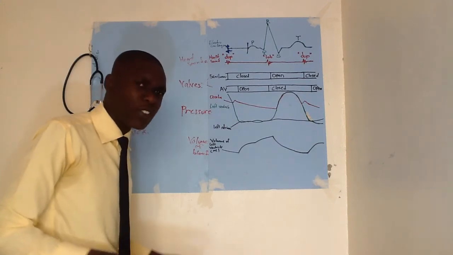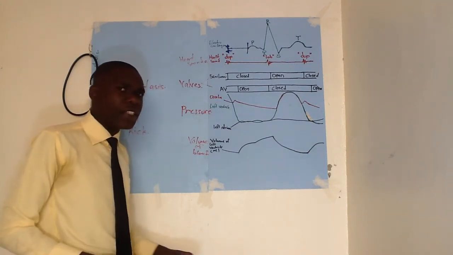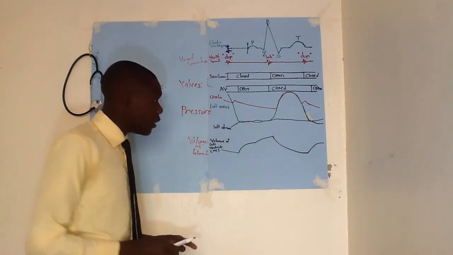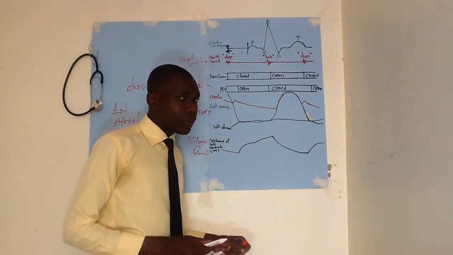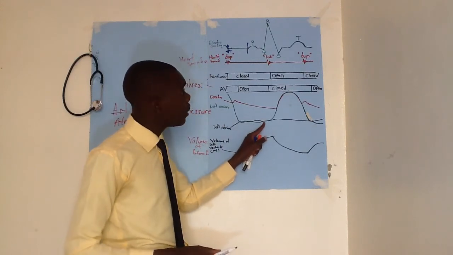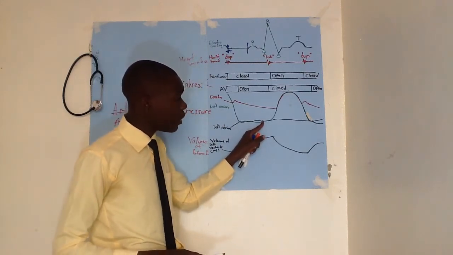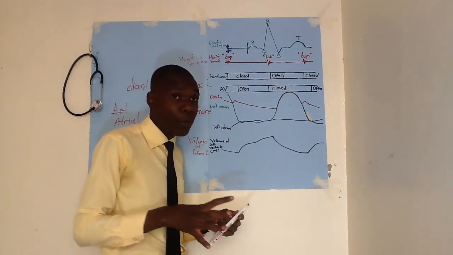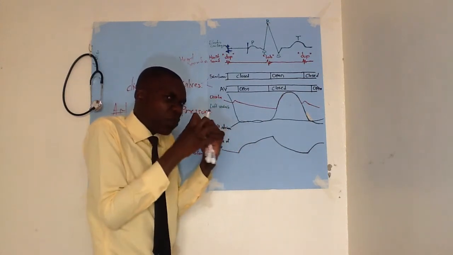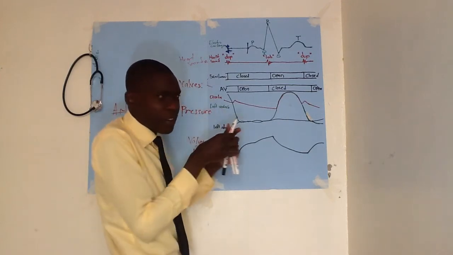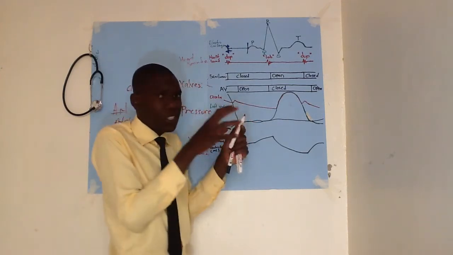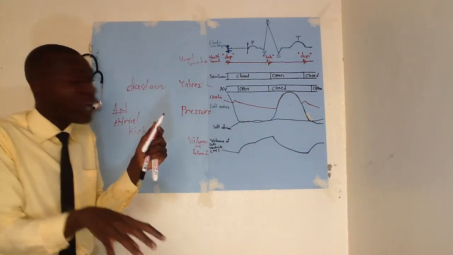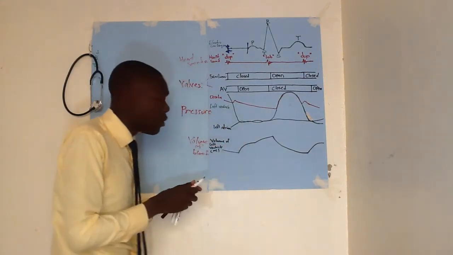All the blood that was remaining in the atria is being fully pushed, kicked into the ventricles. And immediately after that atrial kick, the atrium is going to remain contracted. They are still contracted, they are still depolarized. But all the blood has been pushed to the ventricles. So when it is pushed to the ventricles, an equilibrium is attained.